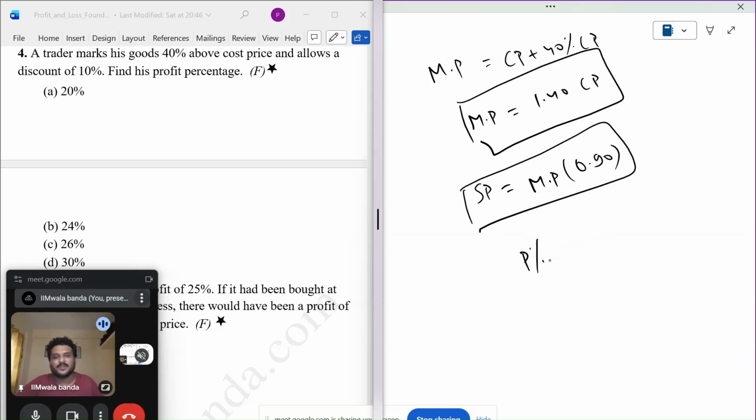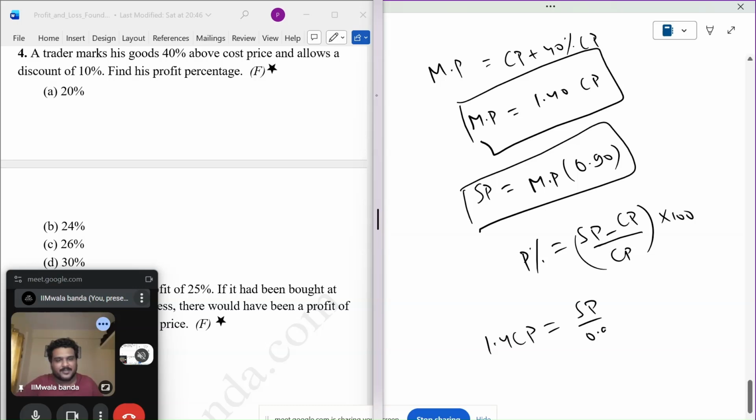Find the profit percentage. For profit, I need cost price, I need selling price. I don't care about the mark price, right? So let's remove mark price from here and then see what will be the profit percentage. Let me write it here. Again, selling price minus cost price upon cost price into 100. From here, let's just equate mark price. From here, I could have written mark price as SP upon 0.90.